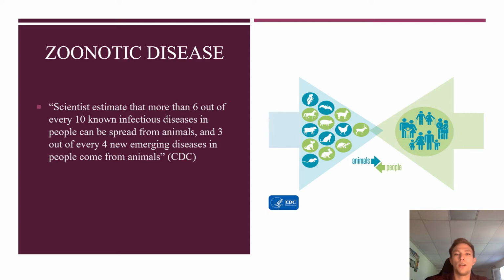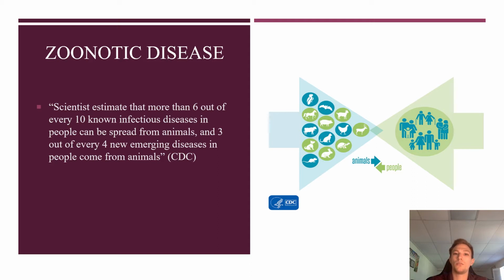I included this quote as it just shows the ramifications and the importance of understanding zoonotic disease that is very prevalent in our society, although we may not realize it. And the graphic on the right goes along with this by just showing how animal populations and human populations continue to merge together.